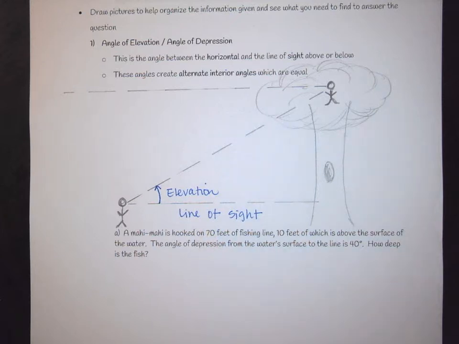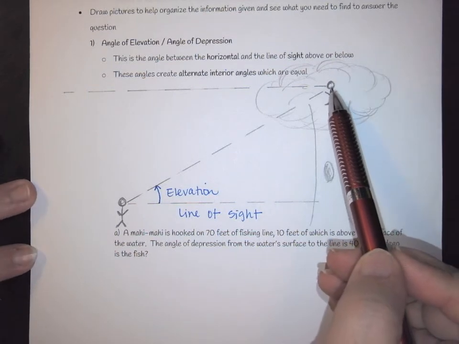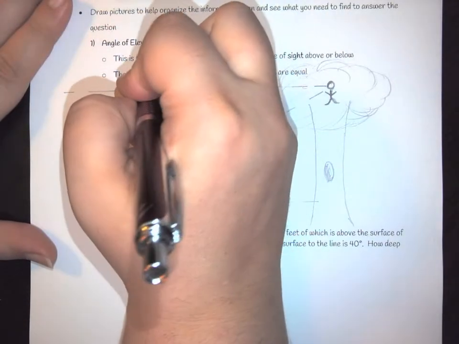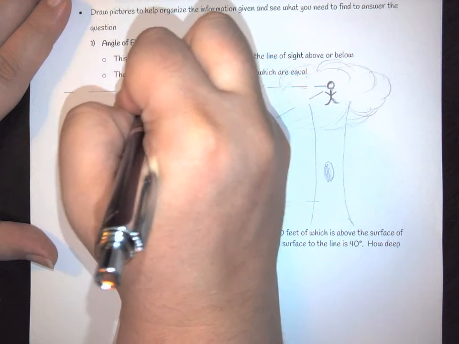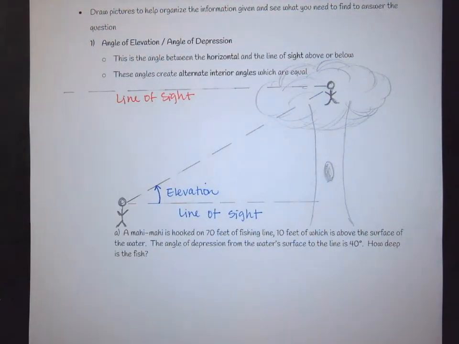Well, the same would hold true for my son in the top of the tree. He climbed up there, obviously, to look at something, so he would have a direct line of sight. Again, we have his line of sight, which would go straight from his eyes, straight out, horizontally, and he'd be looking at whatever he was looking at.